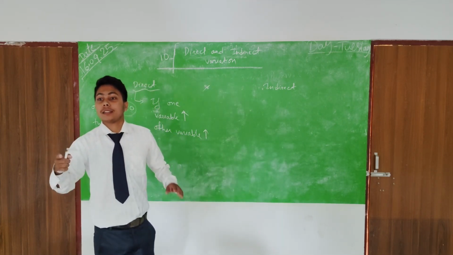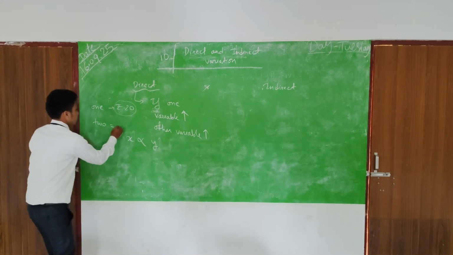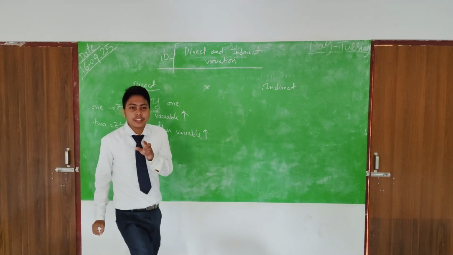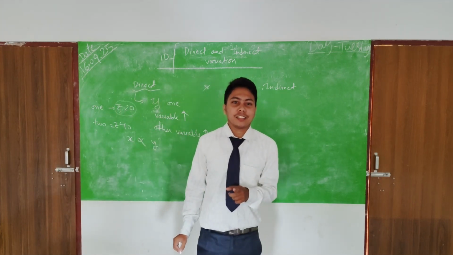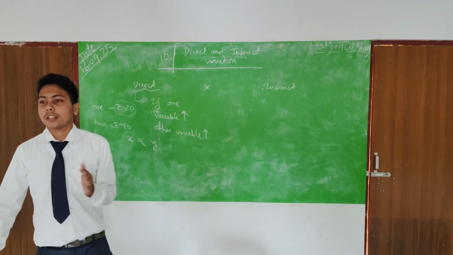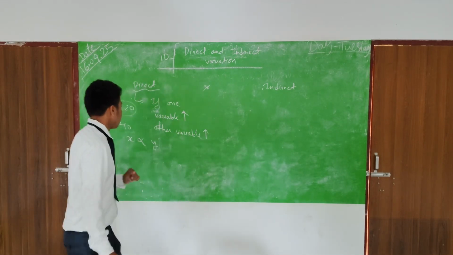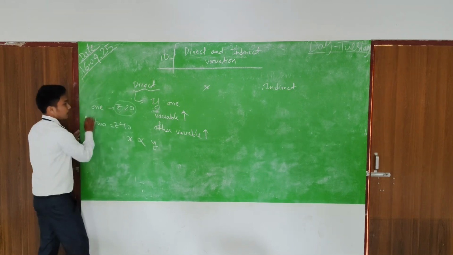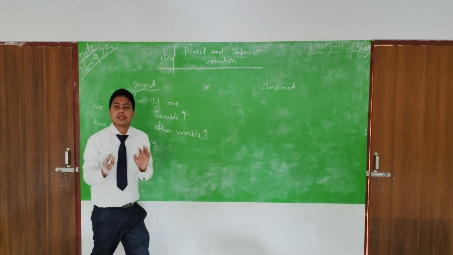That means the price has increased. So what kind of relation do you see between the number of chocolates and price? Direct. When one variable is increasing, the other variable is also increasing. So this is how you represent x directly proportional to y. I have given one quick example so that you can relate.